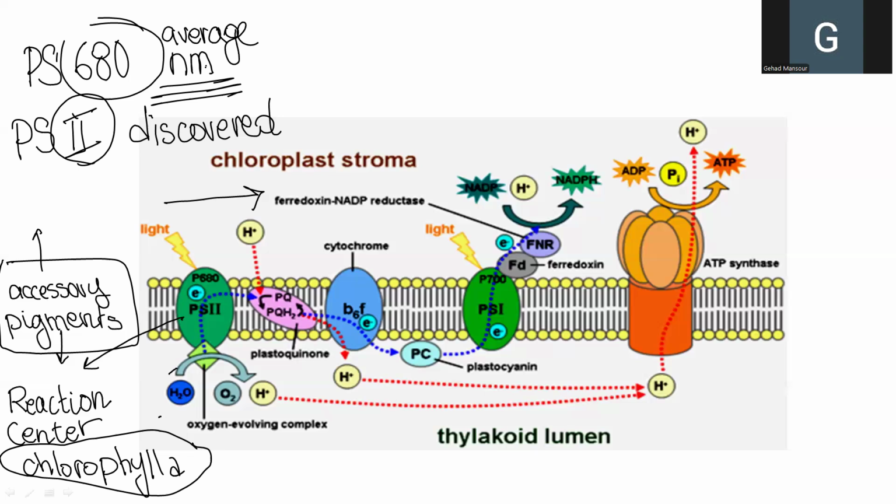And this explains why, although photosystem 1 has the same accessory pigments as photosystem 2, we call it photosystem 700, which means that the average of wavelengths absorbed by that photosystem is 700. You might be wondering why they are different.